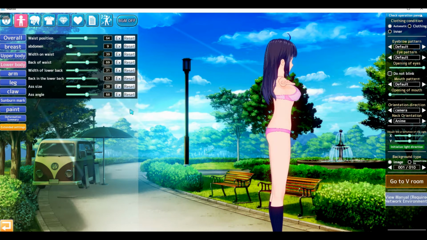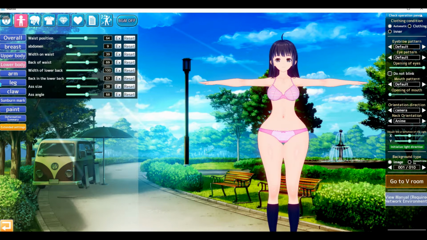Let's see. I'm missing something. Oh, okay. This is a curious one. Just here, it says width of lower back. In reality, it's actually slightly below the hip area and just making it wide.